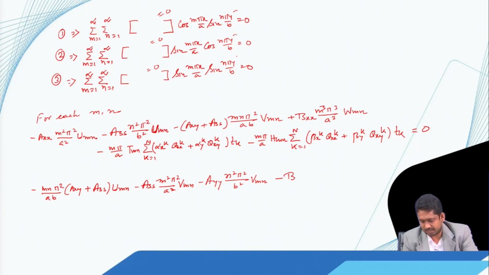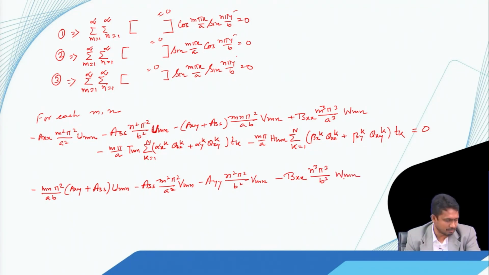Then we have minus Bxs, Bxx n cube pi cube by b cube Wmn, and then we have those terms coming from the thermal and moisture effect.